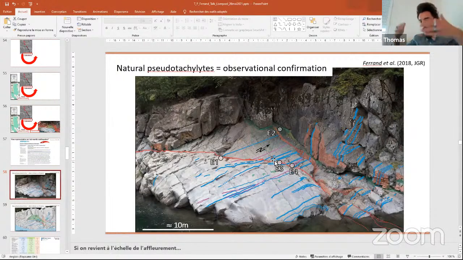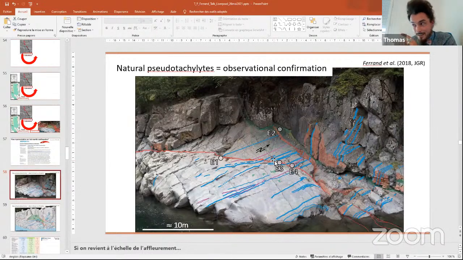But step by step the concepts evolve, and now we have pseudotachylytes that we can describe, and we have proof of melting. But it doesn't mean that the people who were describing tachylites were wrong. They were just on the way to understand pseudotachylytes, and they understood before that it was a magmatic process.